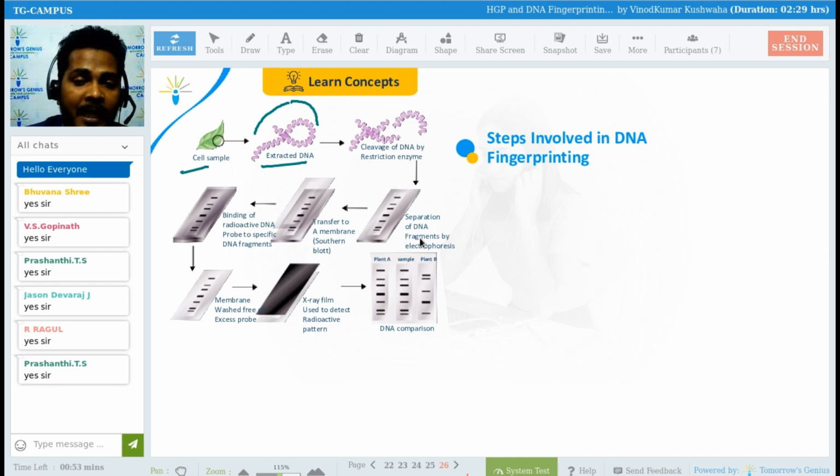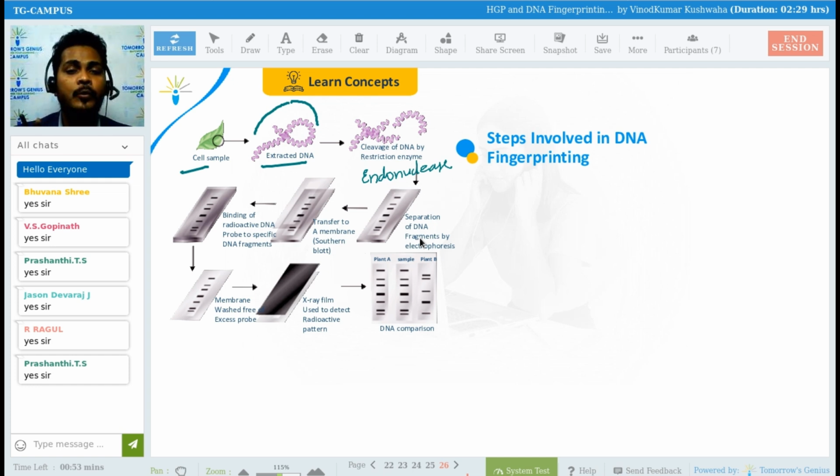With the help of enzymes called restriction endonuclease. So first the cell sample, then there is DNA extraction, and this extracted DNA is cut with the help of enzymes called restriction enzymes. That restriction enzyme is called the restriction endonuclease. Let me write here: restriction endonuclease enzymes.